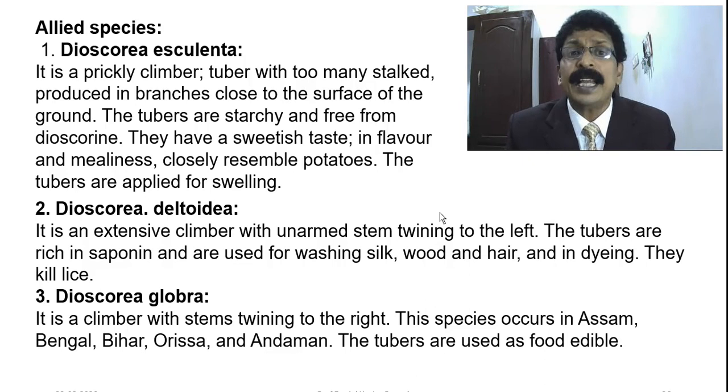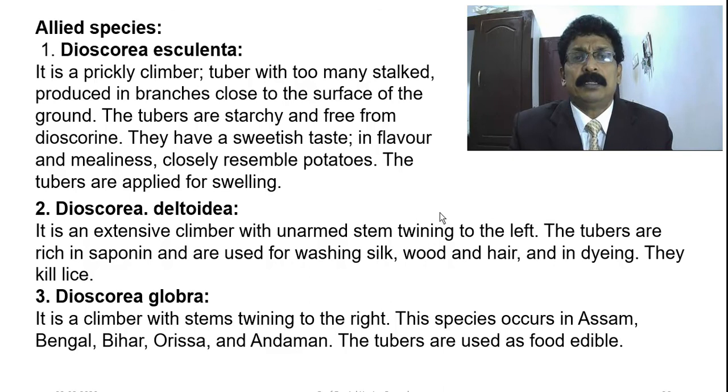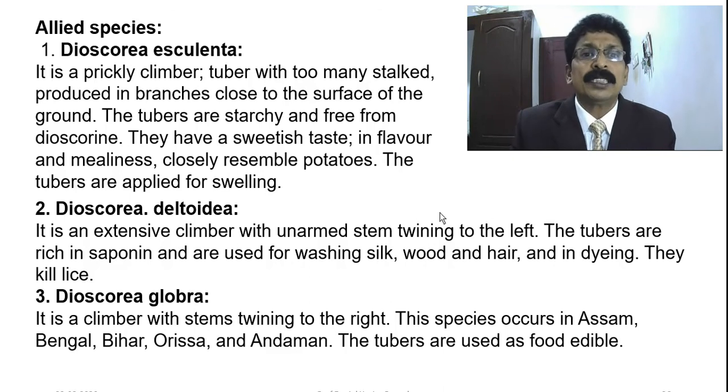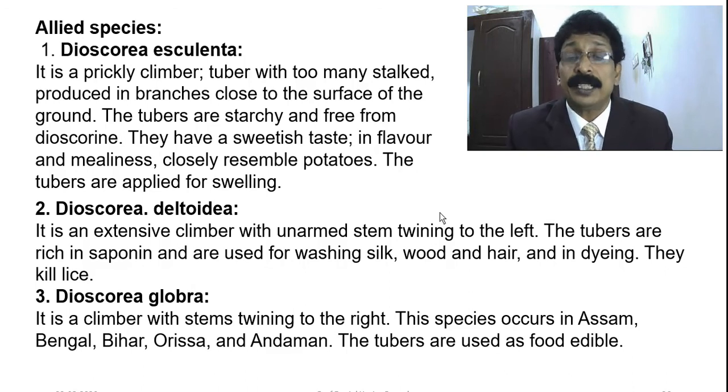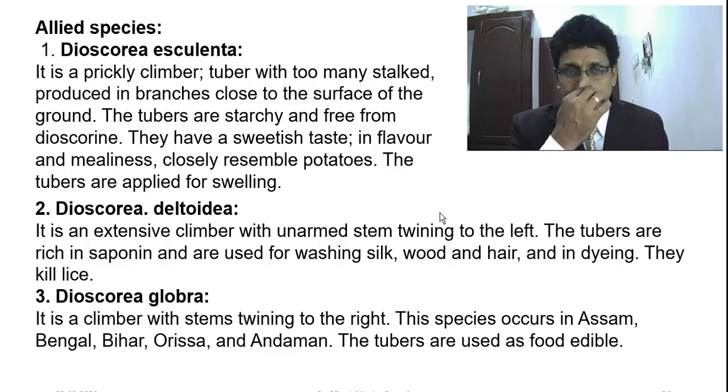They have a sweet taste, a flavor and mealiness, so it can be taken as edible and closely resembles potato in taste, and the tubers are applied for swelling. Even if there is a rheumatic swelling or pain, it can be applied.